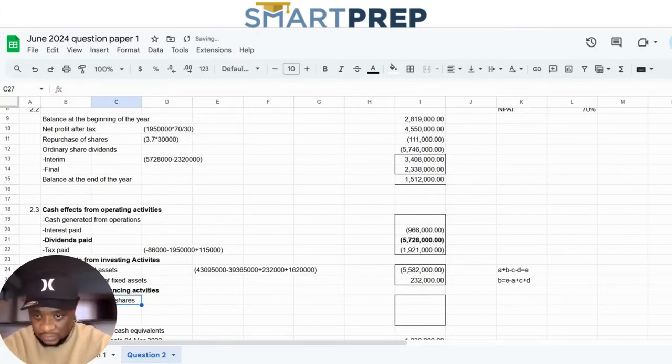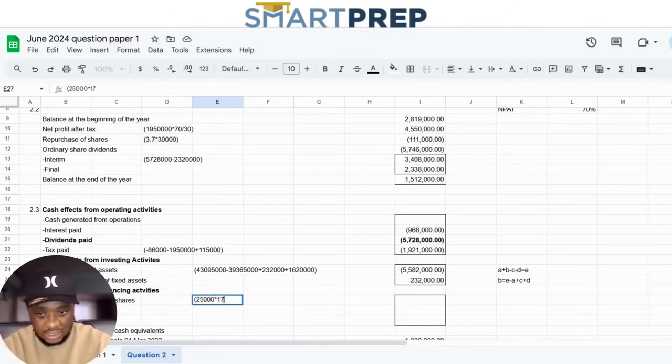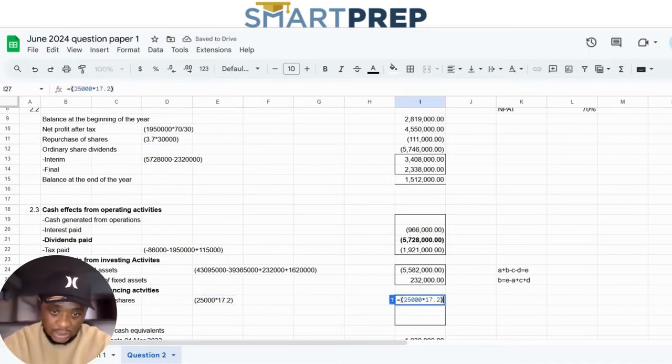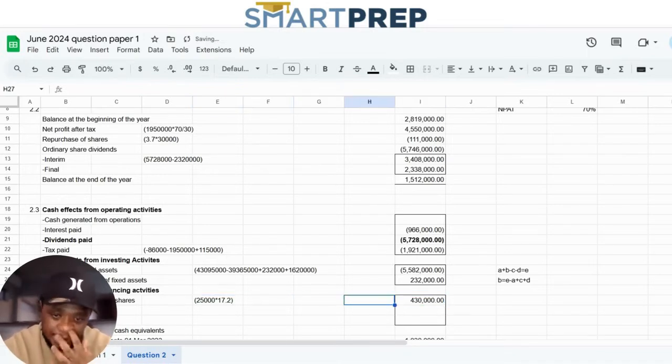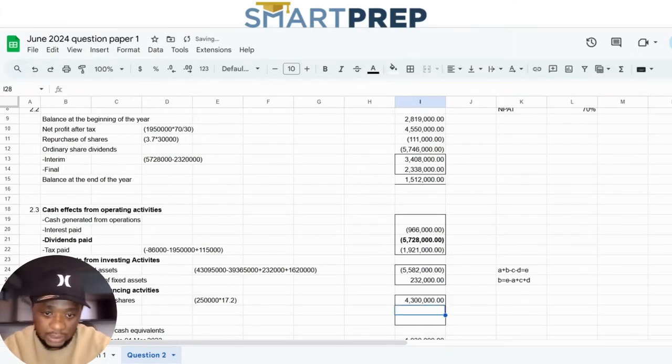Those proceeds then work out like this: 250,000 multiplied by 17.2. And then that works out to 430,000. I think it should be 4 million instead. I left one more zero in my calculation. Yes, so that works out to 4.3 million.